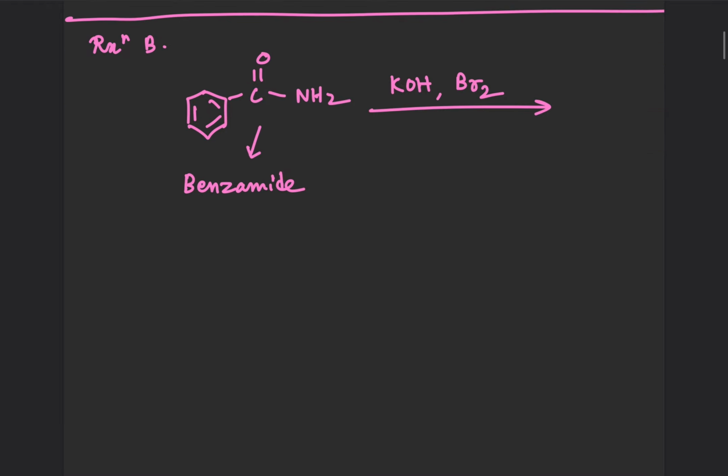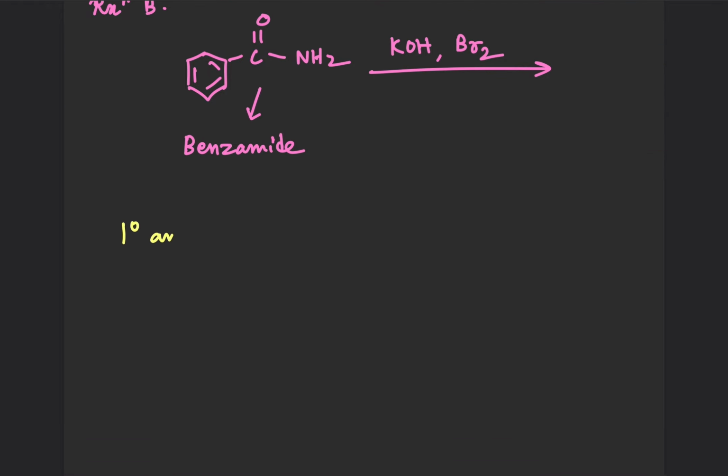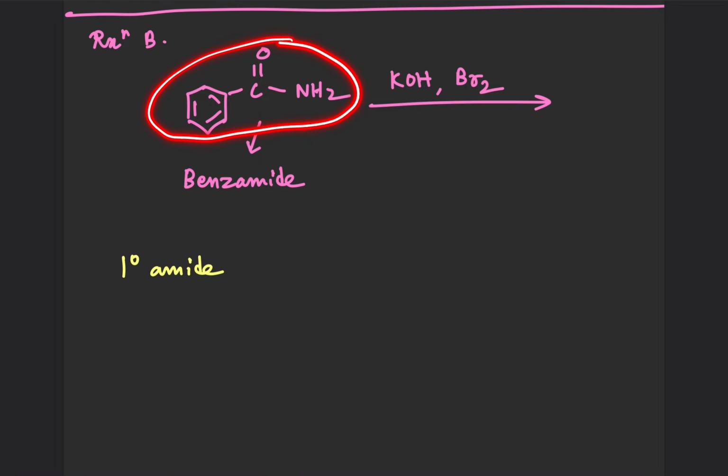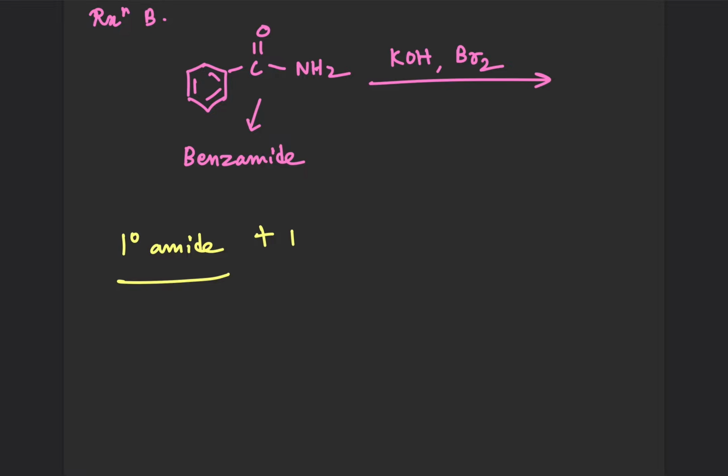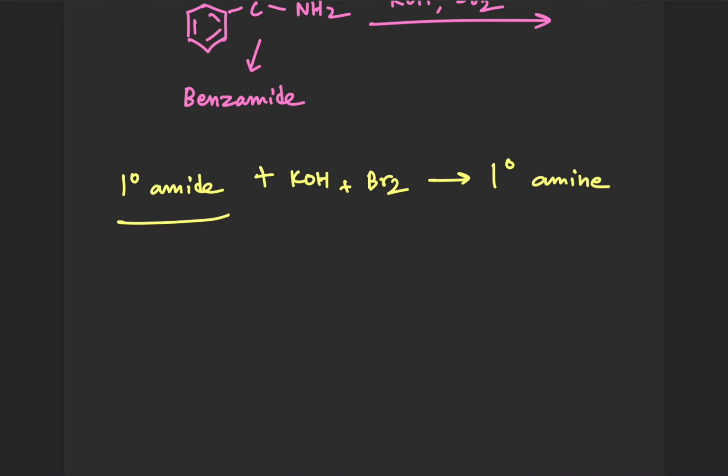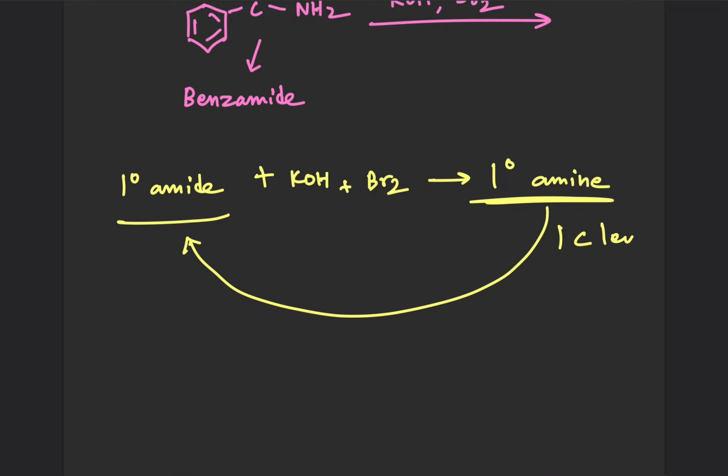Whenever a 1 degree amide, and this is important, benzamide is a 1 degree amide because here nitrogen is connected to one carbon, is treated with potassium hydroxide and bromine, it gives a 1 degree amine which has one carbon less than the original amide.